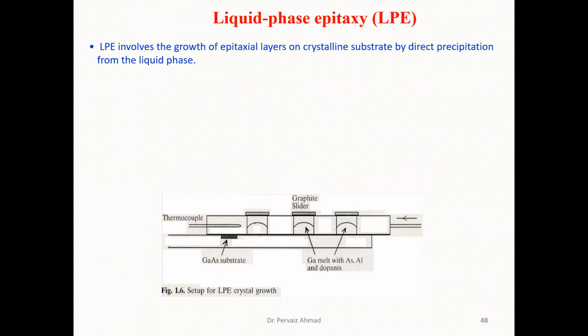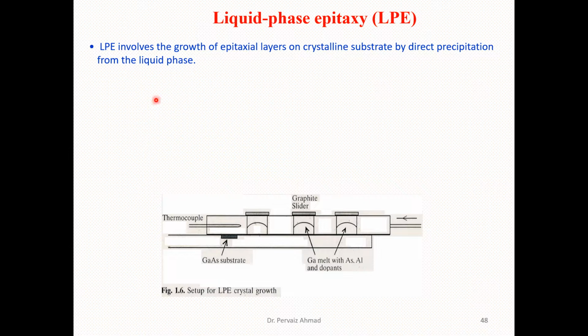So what happens in LPE, or liquid phase epitaxy? Liquid phase epitaxy involves the growth of epitaxial layers on crystalline substrates by direct precipitation from the liquid phase. That means we have the raw material, the precursor, in the liquid phase.